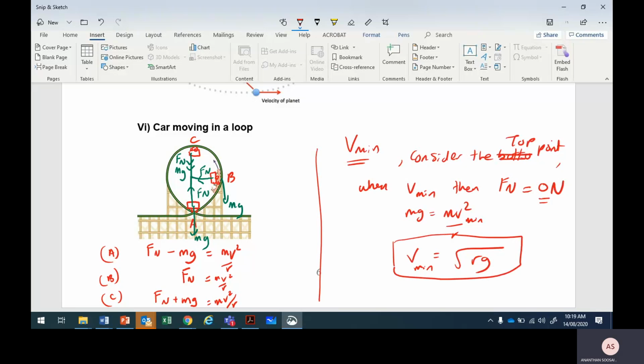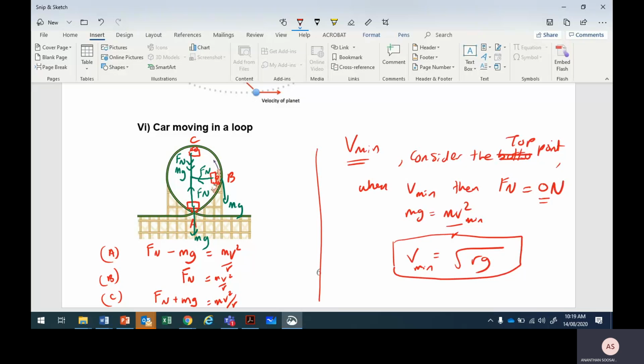You're going to see root of Rg appear in many places. So V minimum for the roller coaster is root of Rg. The engineer must set the speed, measure the R, and find the gravity at that point. So root of R times g is the minimum speed required.